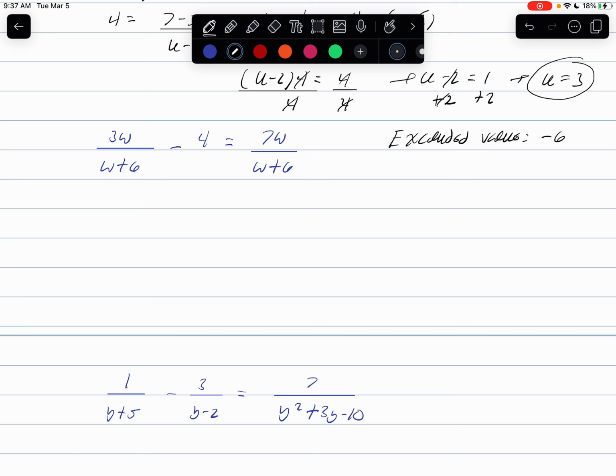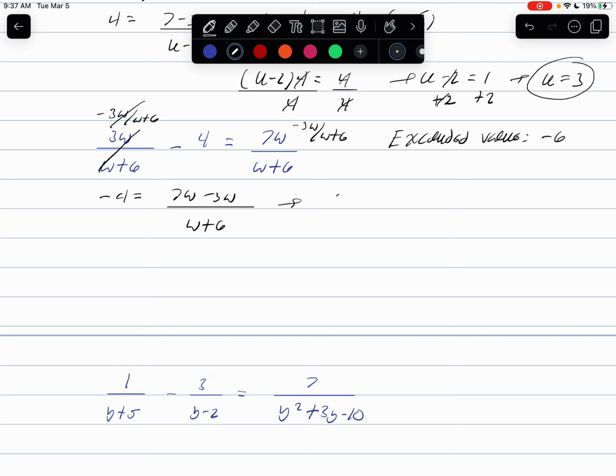Okay, so here we go. Now we notice that, again, because they have the same denominator, we can combine 7w over w plus 6 and 3w over w plus 6 into one fraction. So if we take 3w over w plus 6 away from both sides, these will cancel, and we have negative 4 is equal to 7w minus 3w over w plus 6.